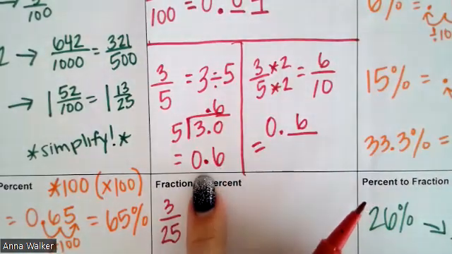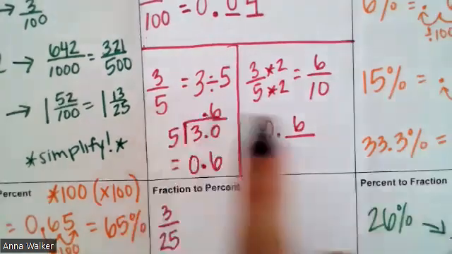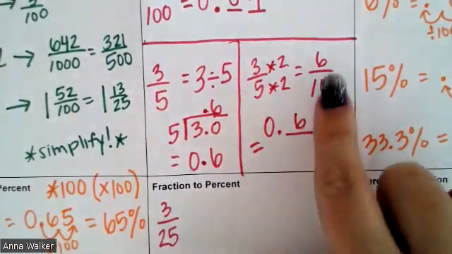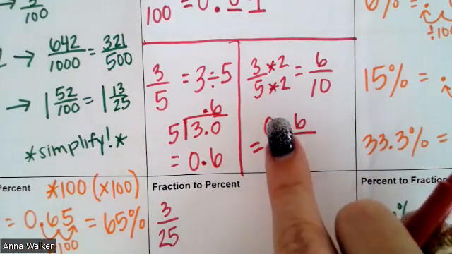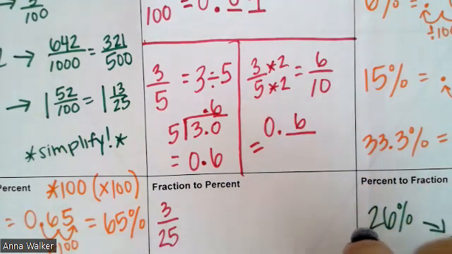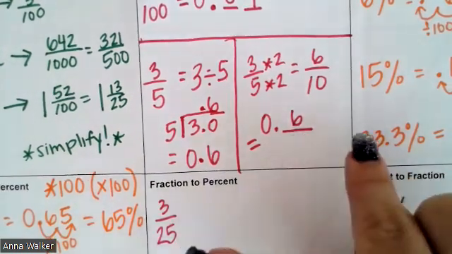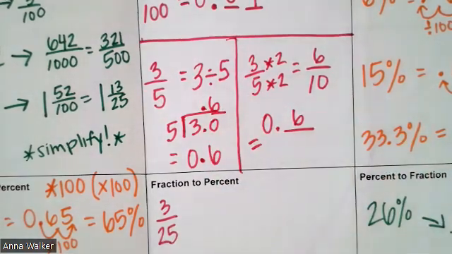But not all denominators are perfect. 5 could go into 10, so we could write this as something over 100 or over 1,000. But other numbers, like 8, 9, and 7, are not factors of 10, 100, 1,000, or those other place values. In those cases, long division is the only way you can get your decimal.